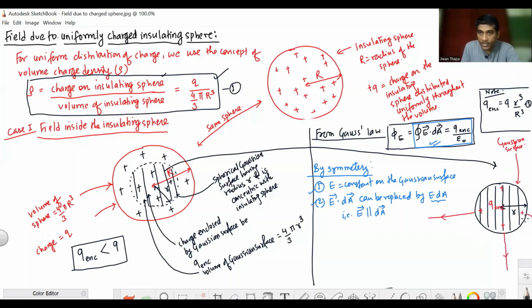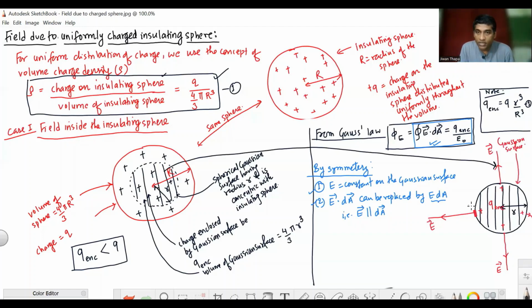Now, what we do is we take a small elementary area on the outer region of the Gaussian surface.